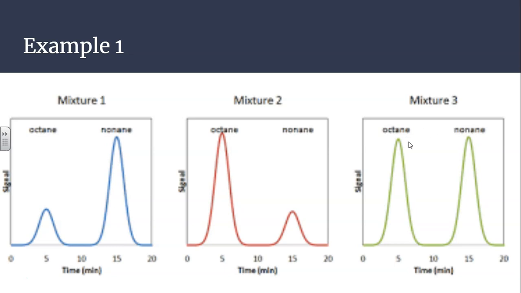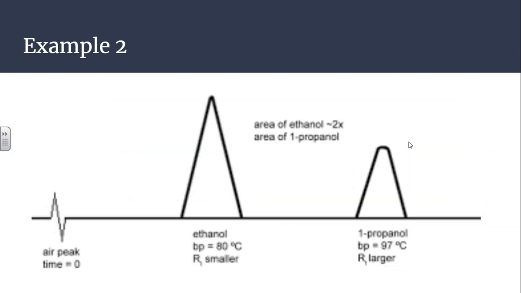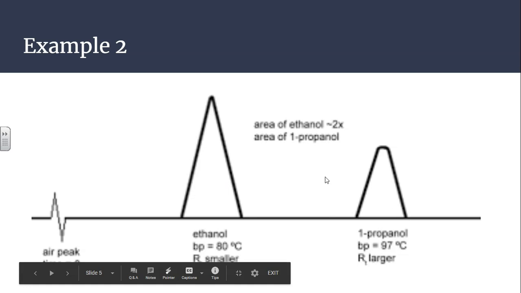Okay. So now in the second example, here we talk again about the area and what the meaning of the area is. Okay, so this is again a mixture of 2 things. You're going to get ethanol coming out first, and 1-propanol coming out second.